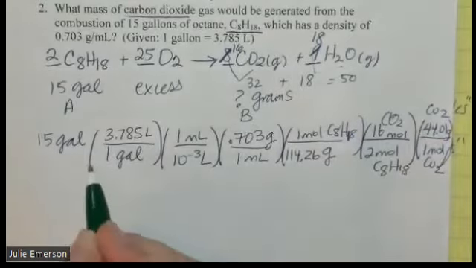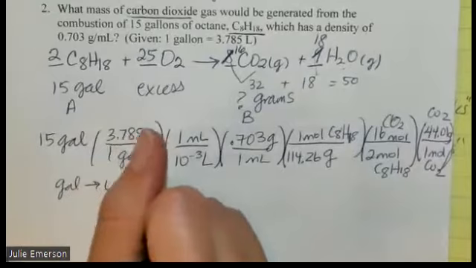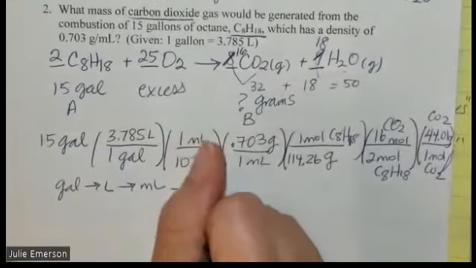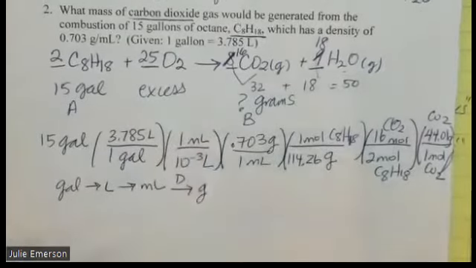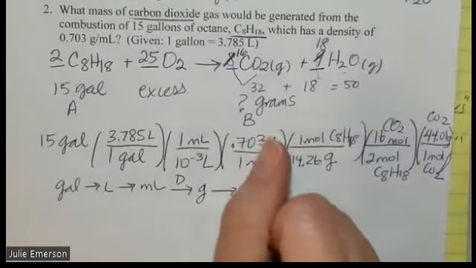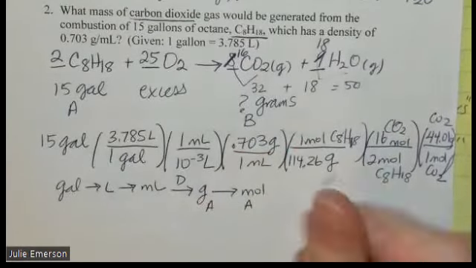So what I did here, just for the unit conversion, I took gallons to liters first, then to milliliters. So that was just chapter 1 material, unit conversions. Then I took milliliters to grams using density. That's what the density was given to me for. Then once I had mass, I could go to moles. That's the molar mass from the periodic table.